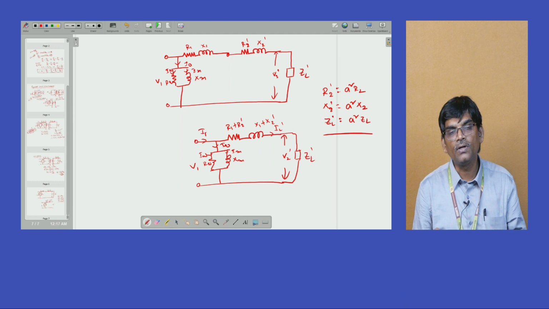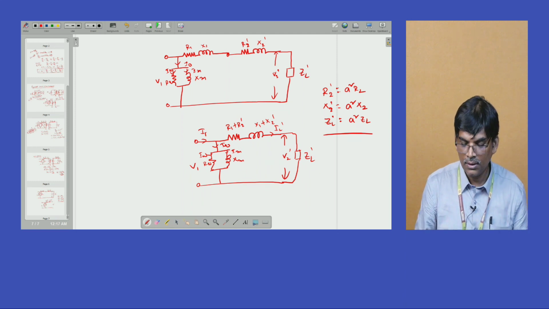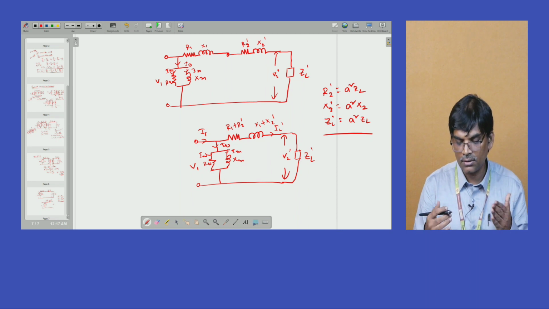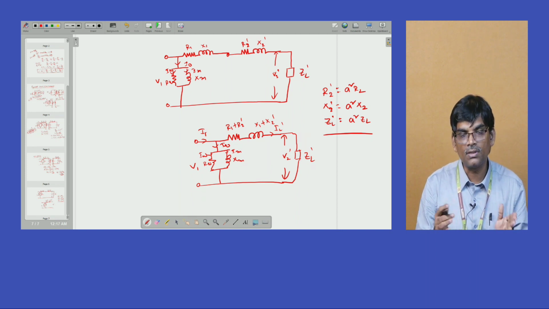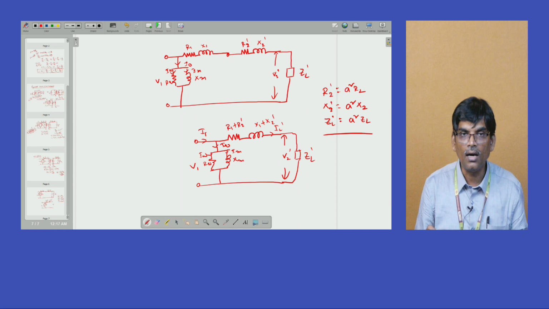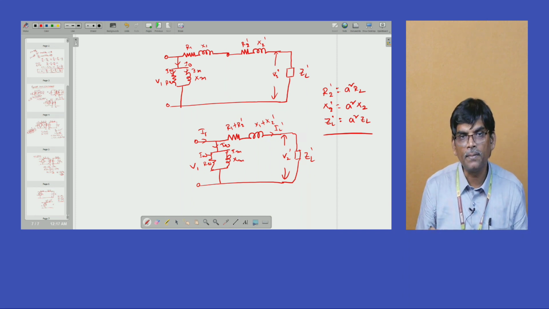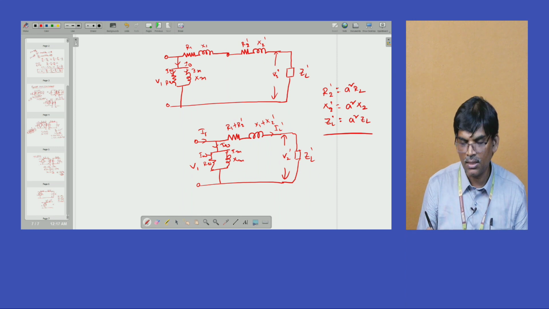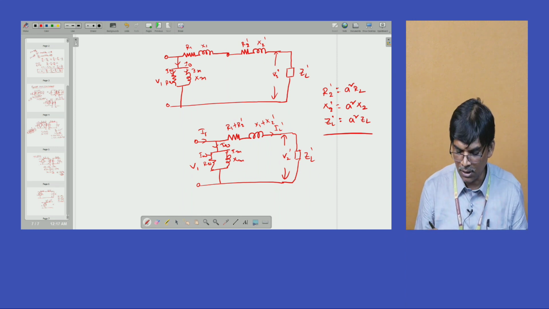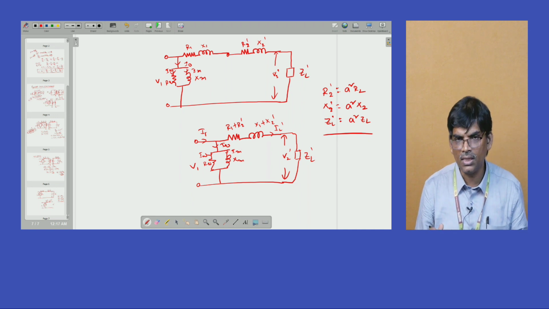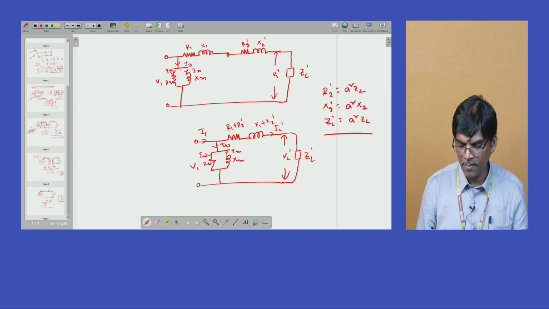Similarly, the same method is applied, and the entire transformer circuit is converted either in terms of secondary or in terms of primary. Further, for big power transmission lines and power transformers, the no load current compared to the full load current is very small. For simplification, sometimes the no load component is approximately neglected.